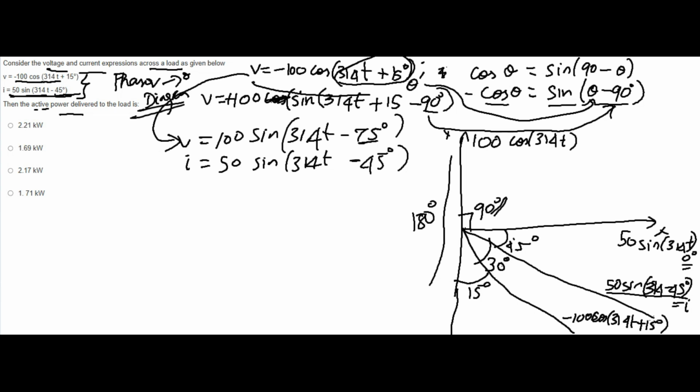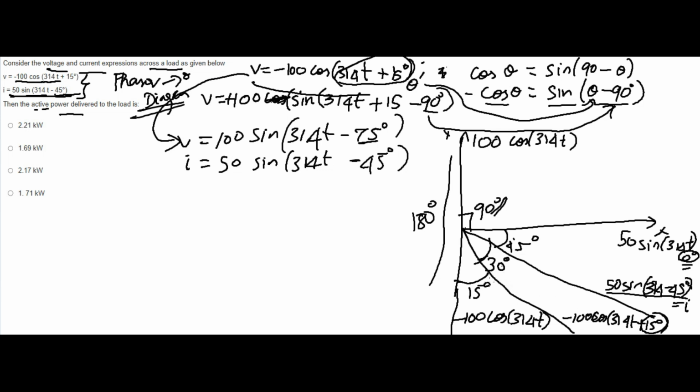So here I have to subtract this 15. From 0 degrees I made a minus 45 because I am coming down by 45, and from this 45 I want to eliminate 30, that means minus 30, so the 45 reduced by 30 becomes 15. This 15 has to reduce once again to reach the 0th line, so I subtract the 15. Then simply I get minus 100 cos of 314t plus 0, because the 15 is getting down here.